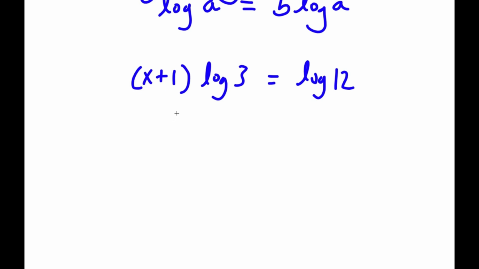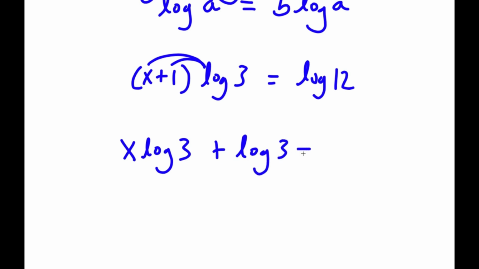Now, what I'm going to do is I'm actually going to go ahead and distribute the log 3. So now I have x times log 3 plus log 3 is equal to, sorry.